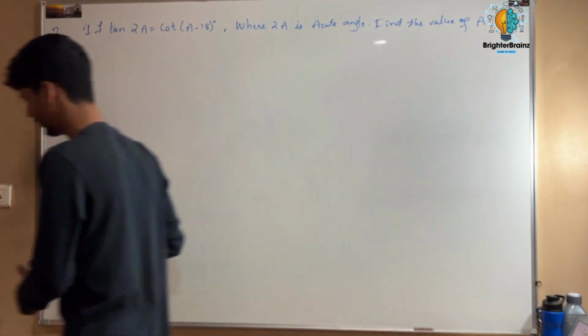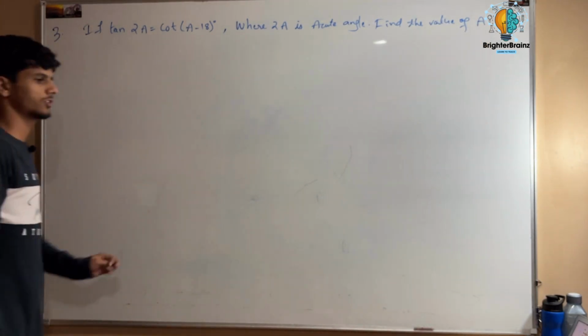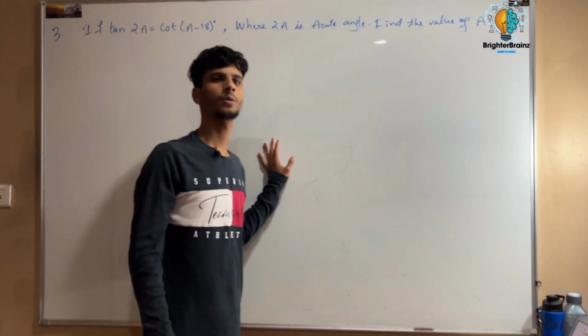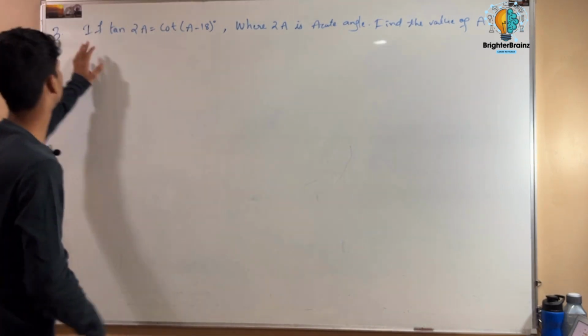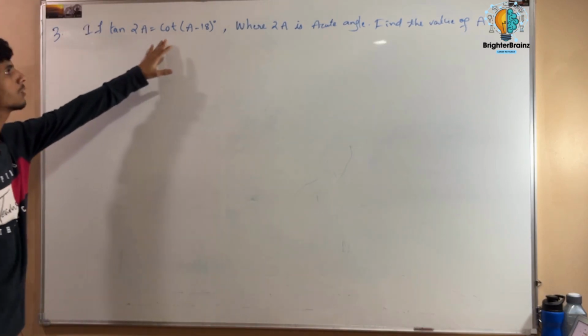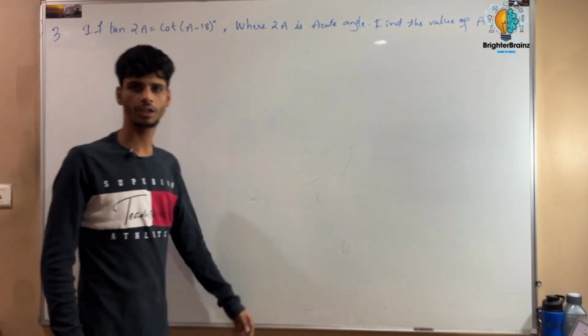Find the value of a. Okay. So first listen, put your pen down. First listen to me. If tan 2a is equal to cot of a minus 18, where 2a is an acute angle, then find the value of a.